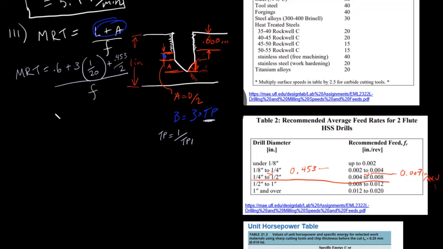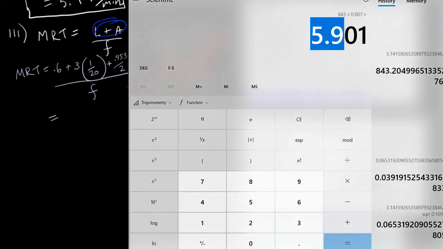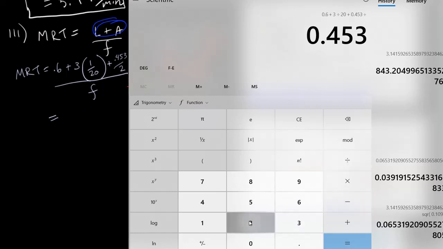So I make mistakes when we do math, so I'm just going to calculate the top first. So 0.6 plus 3 divided by 20 plus 0.453 divided by 2.